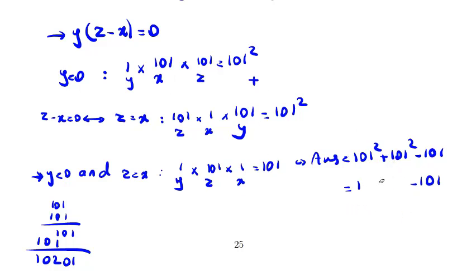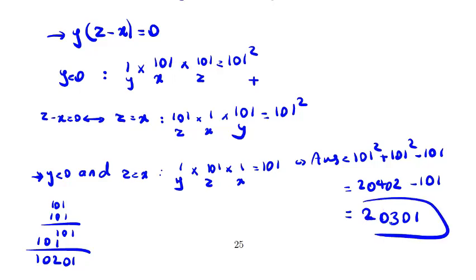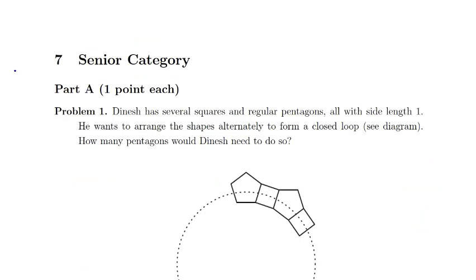If I multiply by 2, it will be 20402, because 101 squared is this and we have 2 of that. So now if you subtract 101, 2 minus 1 is 1, 0, 0, 4 minus 1 is 3, 0, 2. So the answer is equal to 20,301.